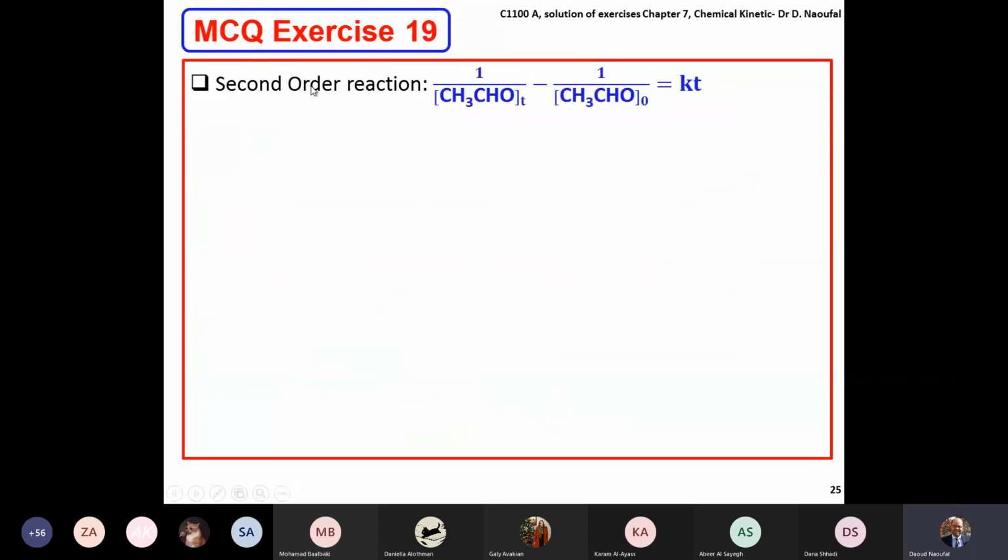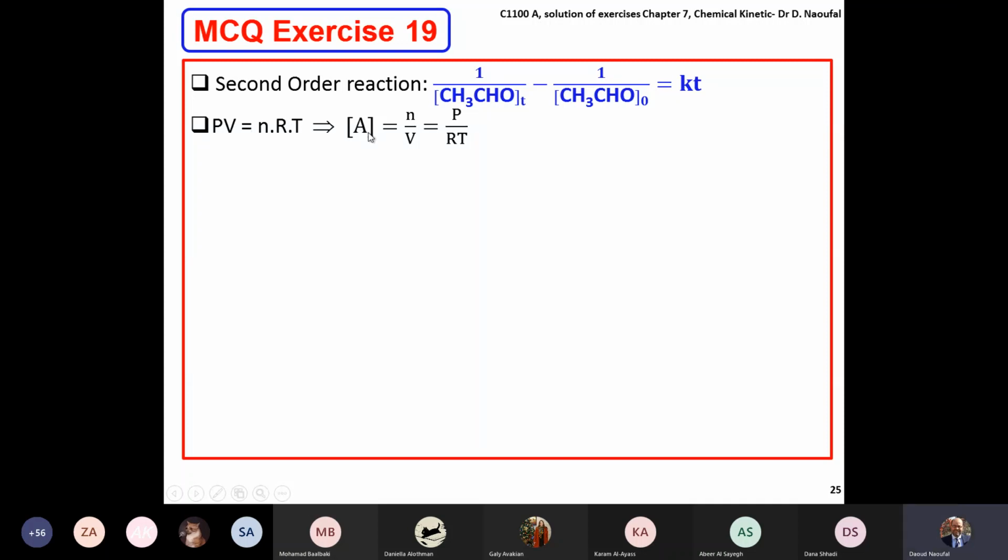For a second order reaction, given in the exercise, 1 over concentration minus 1 over initial concentration equals KT. PV equals nRT, so P equals nRT divided by V, and n over V equals concentration. So P equals concentration times RT, and the concentration is equal to P divided by RT.